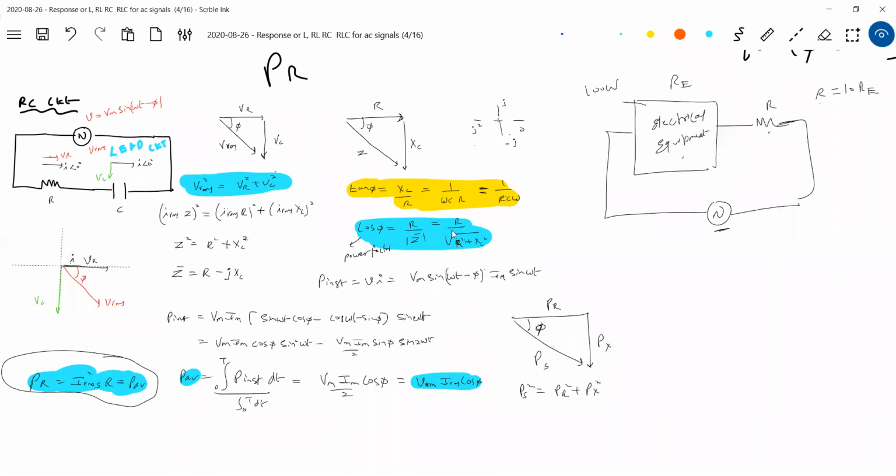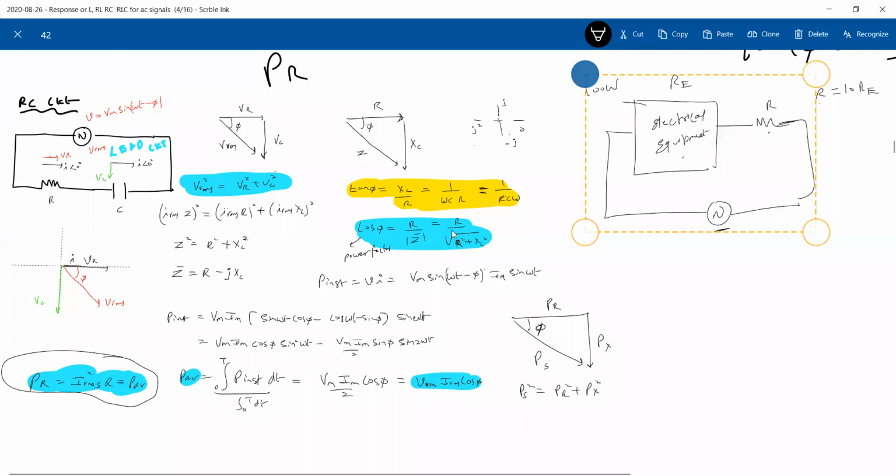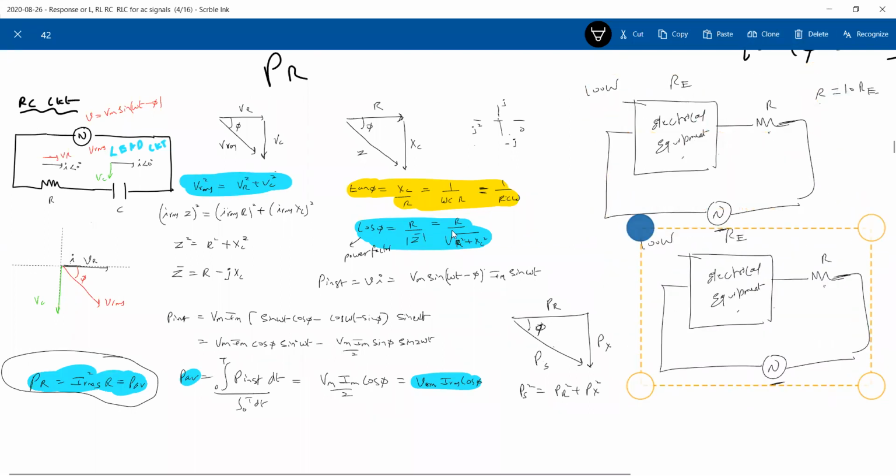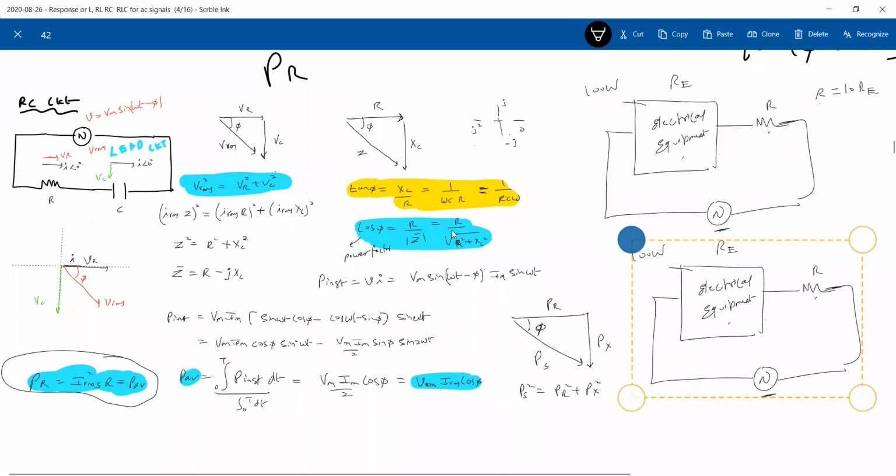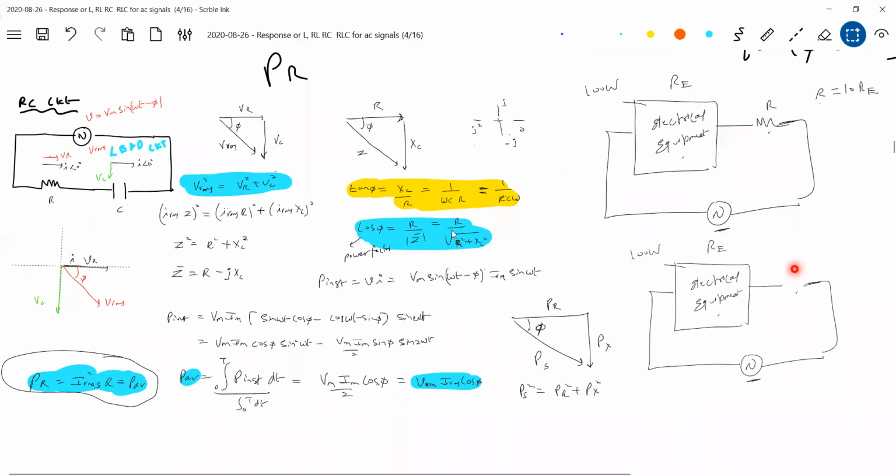Let me come to the inductor. It's the same electrical equipment. Let me take the help of an inductor now. If I bring an inductor, the inductor also will come with internal resistance. We can never get a coil which will not have resistance.